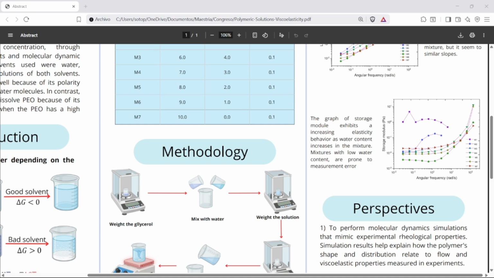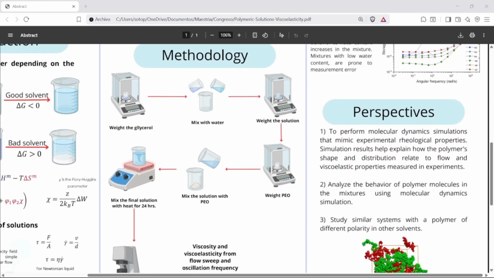In this part, samples 1, 2, and 3 have a measurement error because the elastic, solid-like behavior is not the best for measurement. So we have this little error in the measuring.